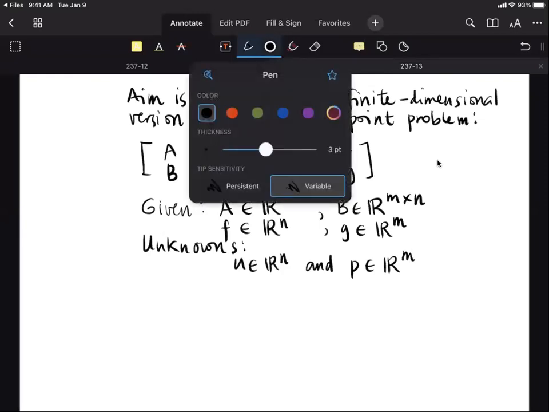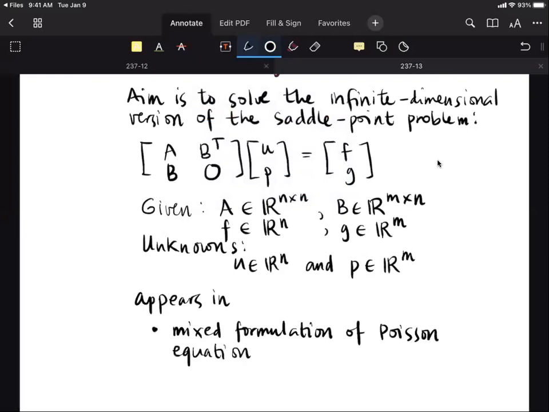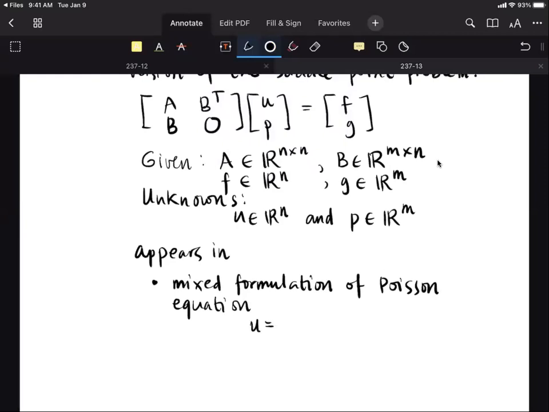Such infinite dimensional version appears, for instance, in the mixed formulation of your Poisson equation, where u is the heat flux, and p is the temperature.